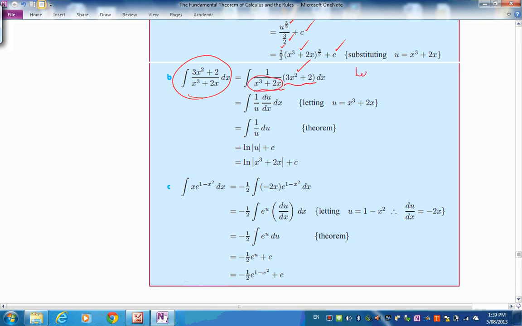So let u equal x cubed plus 2x. Put this down: du by dx equals 3x squared plus 2. Then the integral is equal to the integral of 1 on u, du by dx, dx.